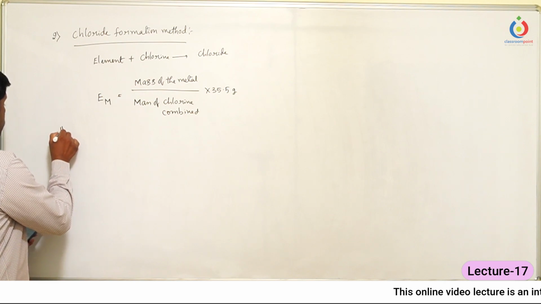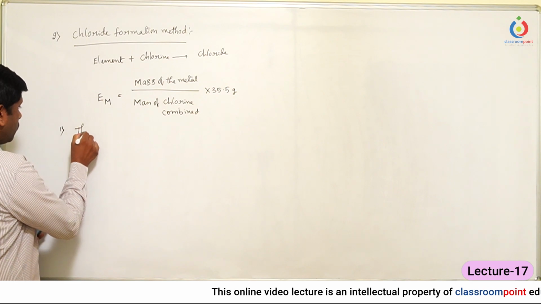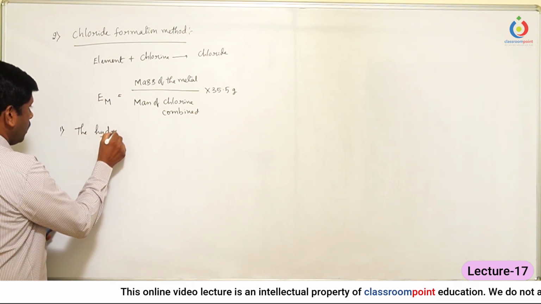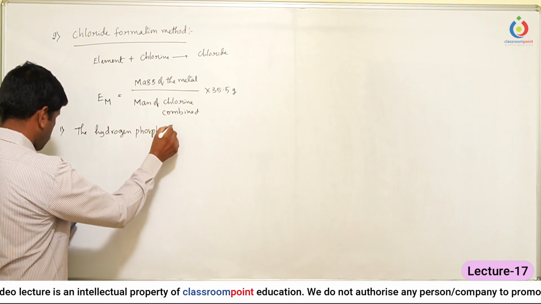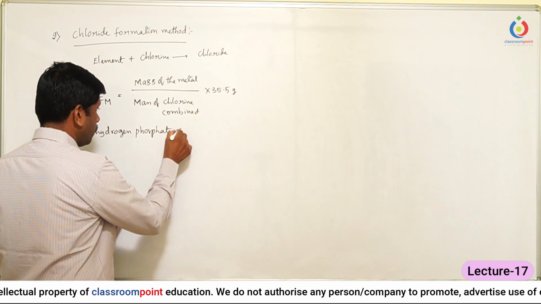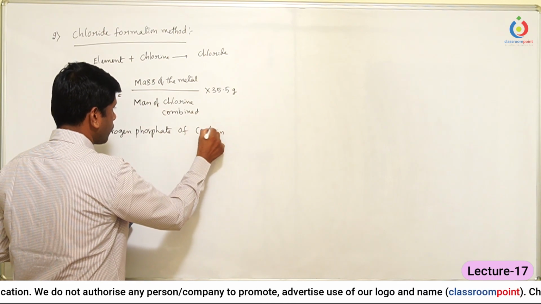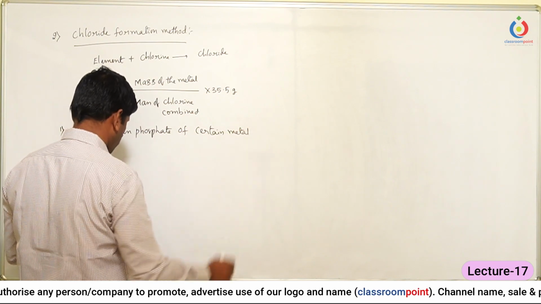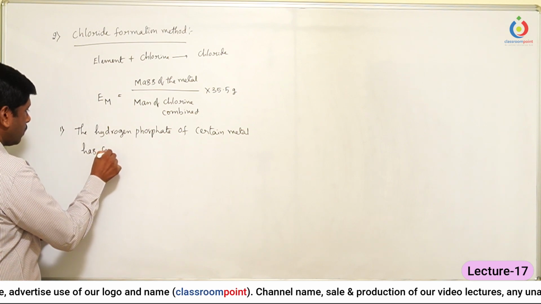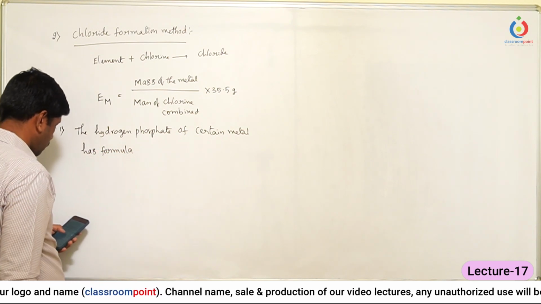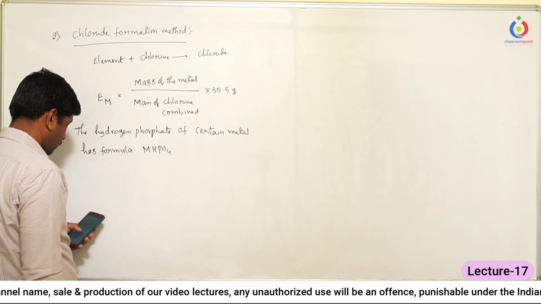Question number 1: the hydrogen phosphate of a certain metal has formula MHPO4.